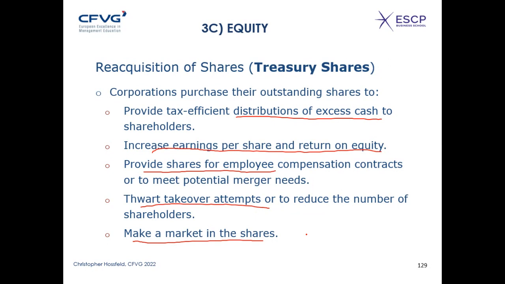I will mandate an investment bank to be a market maker for my shares, and that means the investment bank on a constant basis is offering and demanding shares. So, if the demand on the market is not high enough, the investment bank will step in and buy shares. If the offer in the market is not high enough, the investment bank will step in and sell shares. And that means the investment bank, on my behalf, will buy and sell treasury shares, my own shares, on the market, in order to assure a certain liquidity for the market.